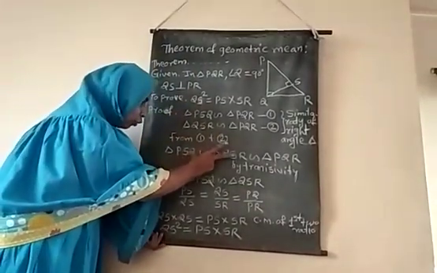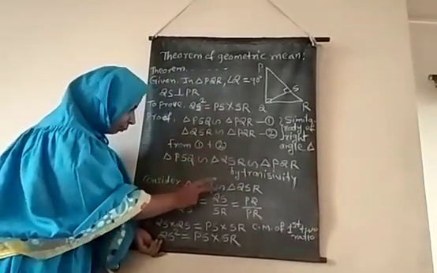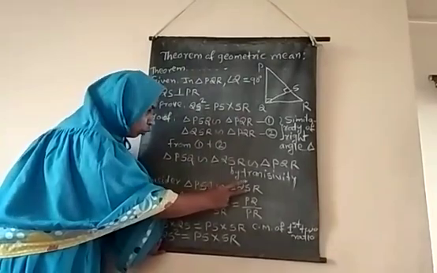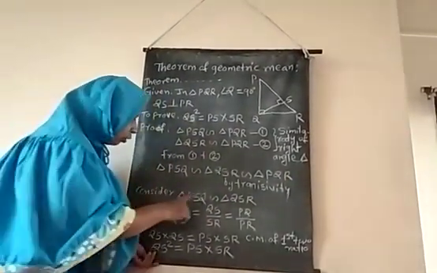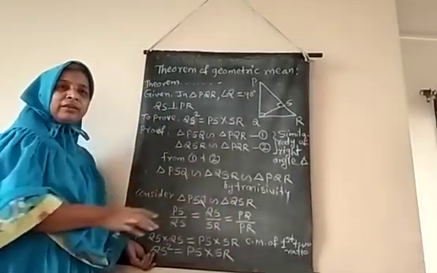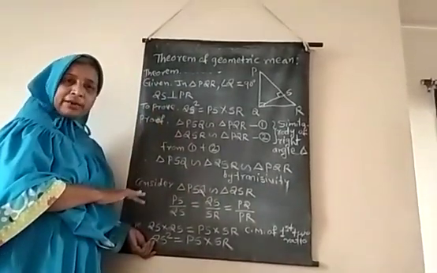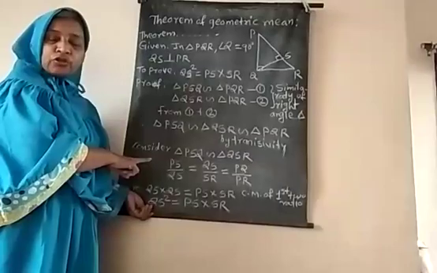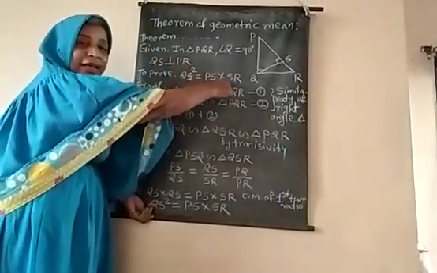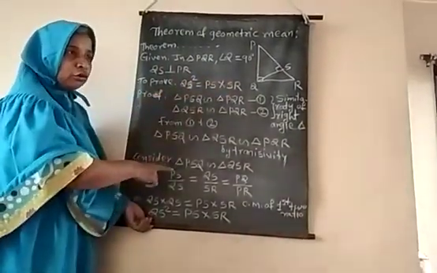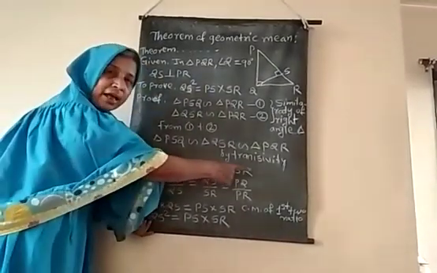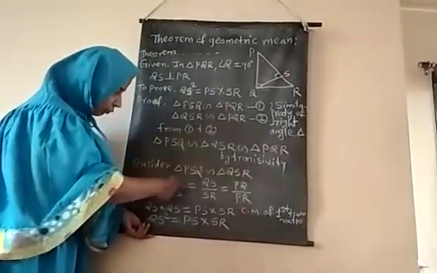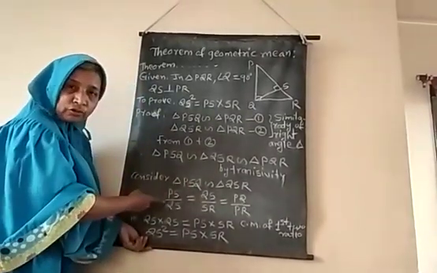Now we consider only this part: PSQ and QSR. These two triangles are similar. When triangles are similar, their angles are congruent, but their sides are in proportion. Here we are going to prove something about sides, so after writing the similarity of the triangles, we write the ratios.